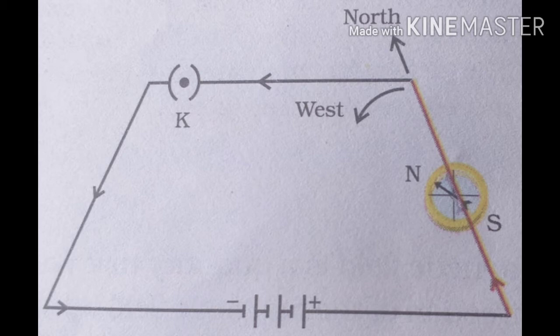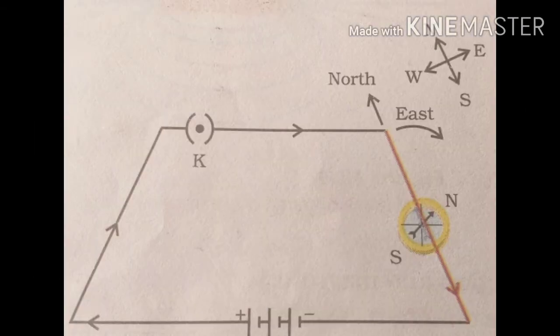And likewise if you change the polarity and repeat the same process, placing the compass needle near the copper wire, and the direction of the current will be from north to the south, then the deflection will be shown towards the east direction.